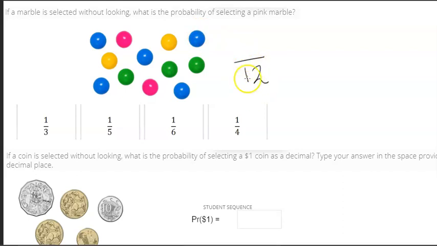So the amount of possibilities is 12. And how many of them are pink? 2. So there is a 2 in 12 chance. My highest common factor in this case is 2. So there is a 1 in 6 chance of a color being pink when selecting from this sample.